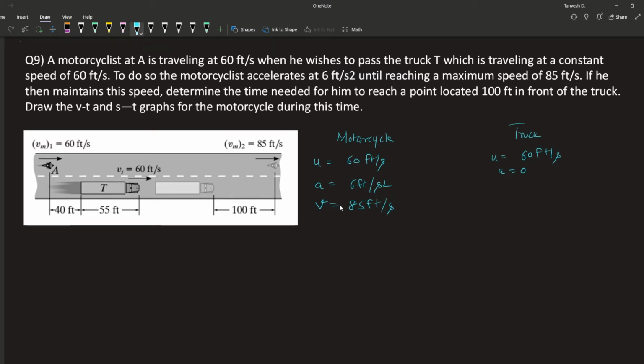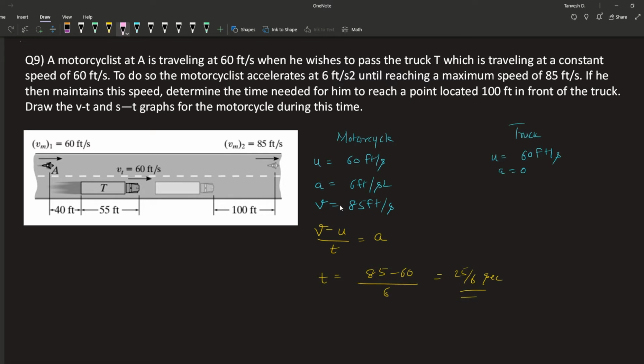So first of all, we'll have to understand how much time is required for the bike to reach 85 feet per second. That we can find using the formula (v minus u) by t is acceleration. So t we can find from this. It is 85 minus 60 upon 6, which is 25 by 6 seconds. So in this 25 by 6 seconds, how much distance has the truck travelled?